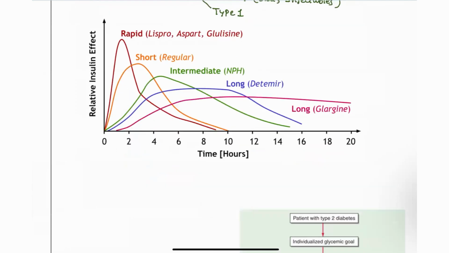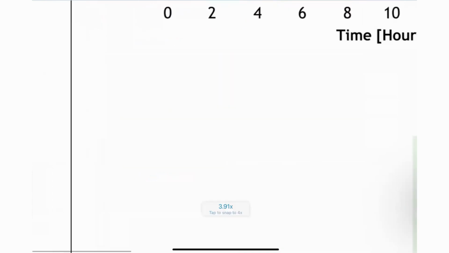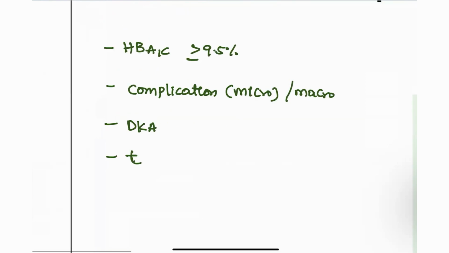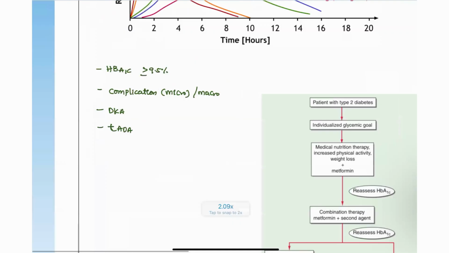Next, insulin has types, guys. Here you can see the indications for insulin first. Before we start insulin, we majorly check HbA1c. If the HbA1c is 9.5% or more, and the patient has complications, especially microvascular, or macrovascular complications, or the patient has DKA, or the patient is suffering from LADA, all these patients we are going to proceed to insulin therapy only.